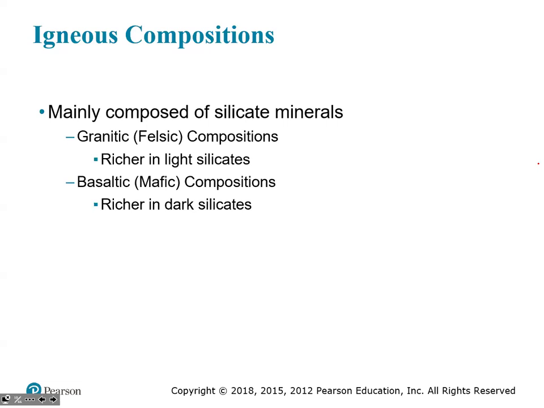So they're mostly composed of silicate minerals. There are granitic compositions. These are called felsic. These are ones that are richer in light silicates. These make up things like the continental crust and granite. And then there are basaltic or mafic compositions. These are richer in dark silicates, so they're denser. These make up the oceanic crust and basalts.